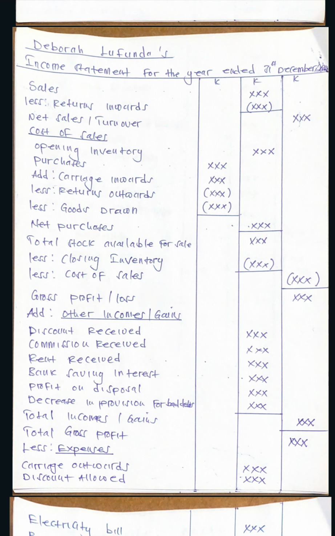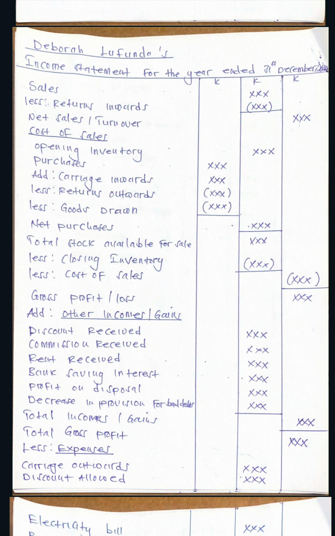Sometimes they may tell you to write statement of profit and loss, which also means the income statement. You can use either one, but at the end, it's always for the year ended. You write the date for that year that you're given.